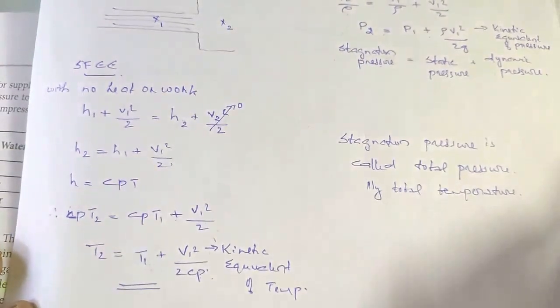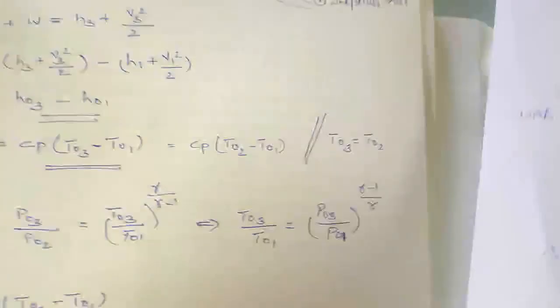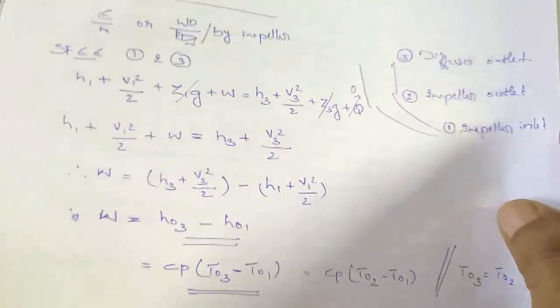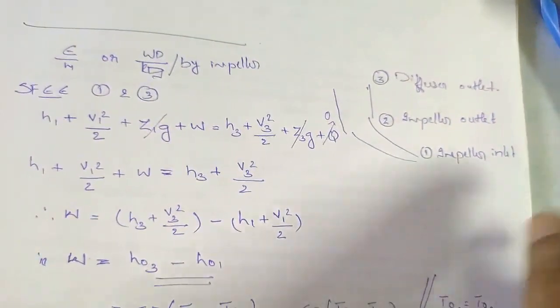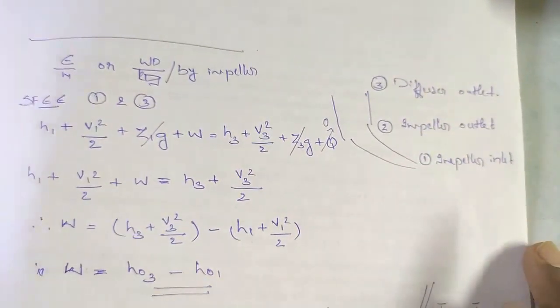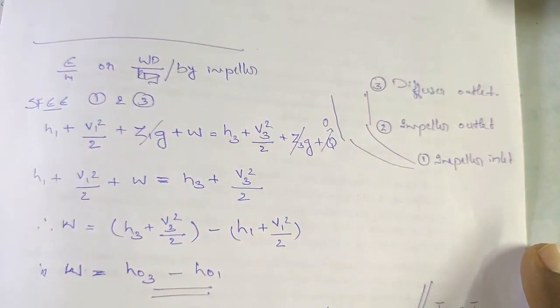So if we got the idea of stagnation temperature and pressure, now we will move on to derive another expression for work done by applying the steady flow energy equation. We will get another expression for the energy imparted per mass, or the work done per kilogram by the impeller.